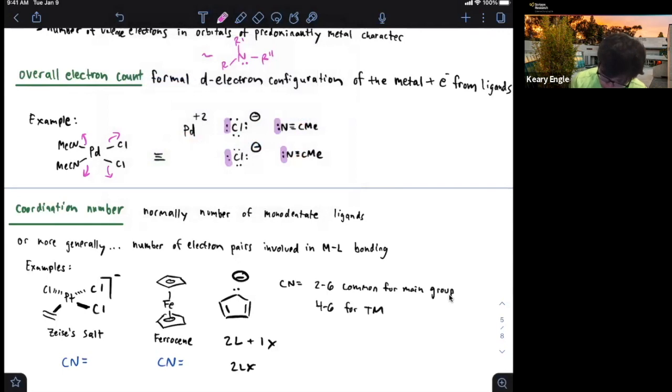Palladium 0 is a d10 metal, which means palladium 2 will be a d8 metal. We now have 8 electrons from the metal. We have 4 ligands, each of which is donating 2 electrons.